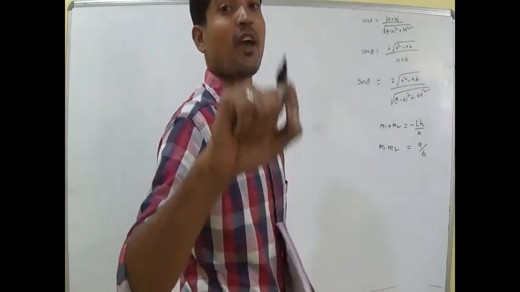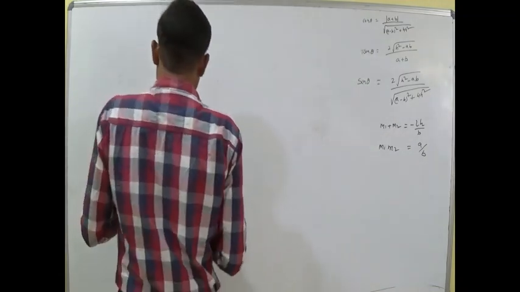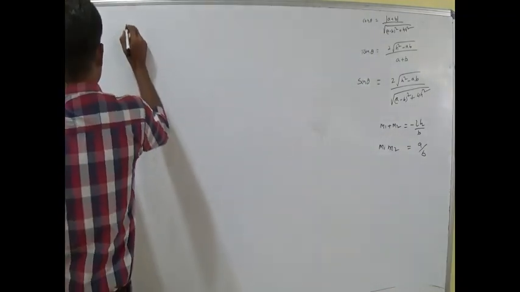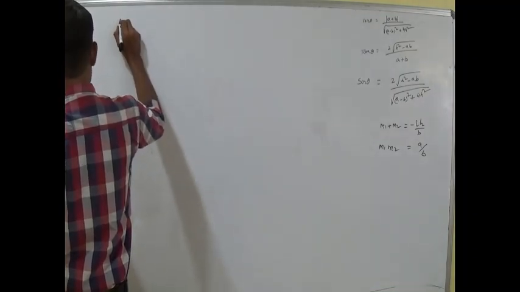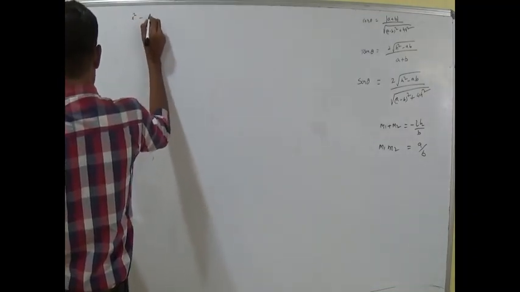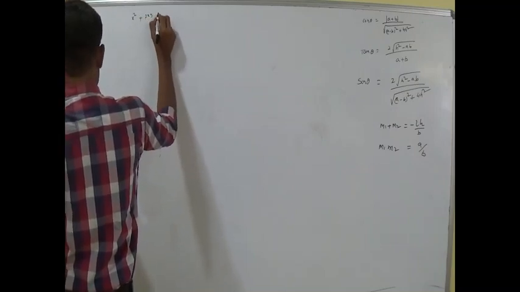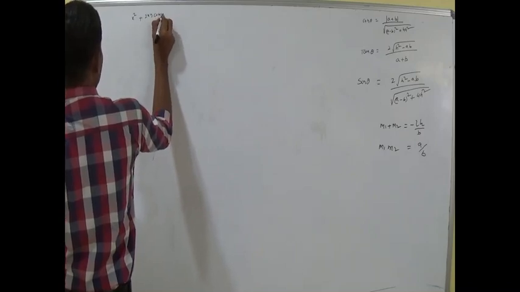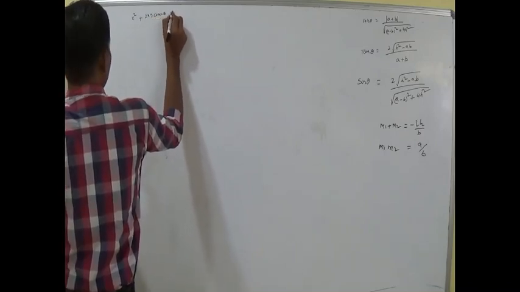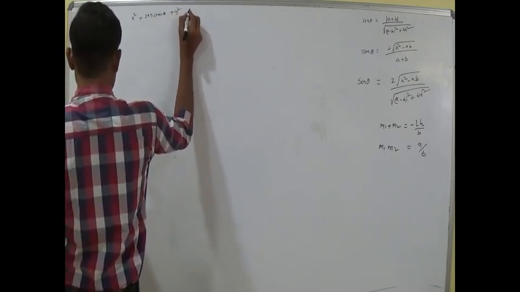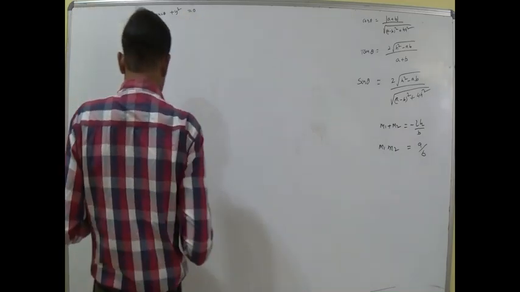That means we have to factorize it. So given that x square plus 2xy cosecant theta plus y square equal to 0.